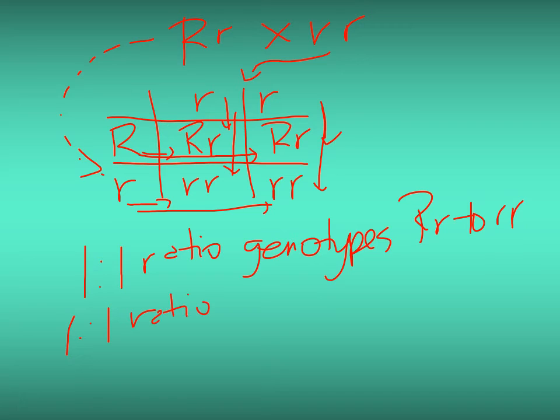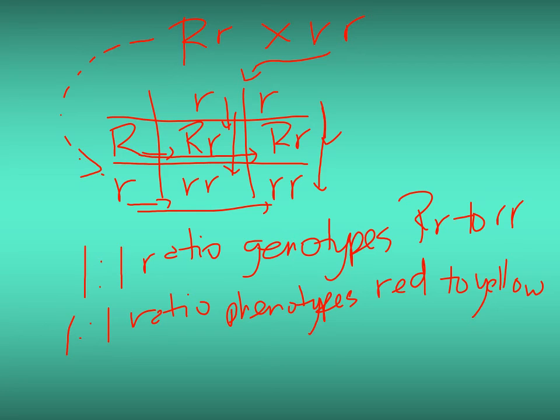The phenotypes are going to be what they actually look like. Because big R is dominant, big R, little r is going to be red, and then the little r, little r will be yellow. That's all there is to it. The vocabulary sounds crazy, but the actual doing of it is not that bad.